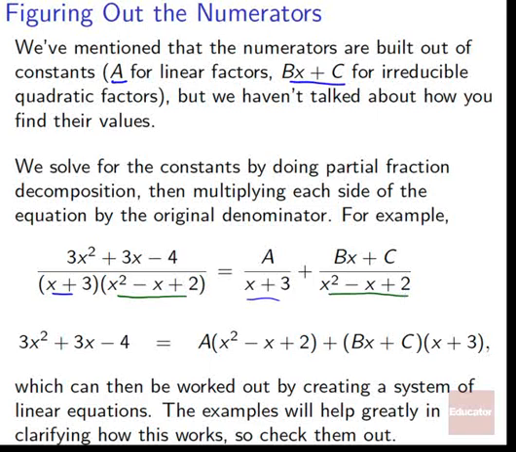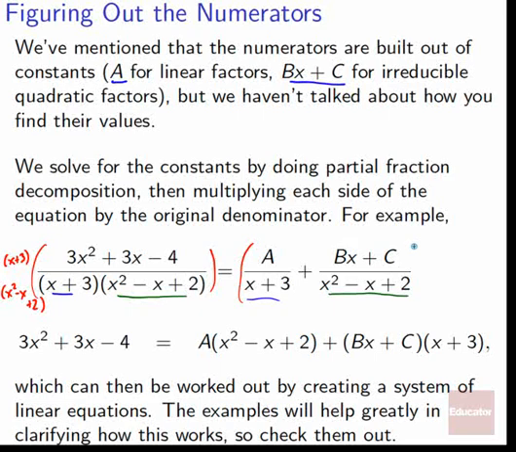Well, notice, we can just work things out the way we would a normal algebra problem. We multiply both sides because we want to get rid of the denominators. We'll multiply by x plus 3 and x squared minus x plus 2 on both sides.